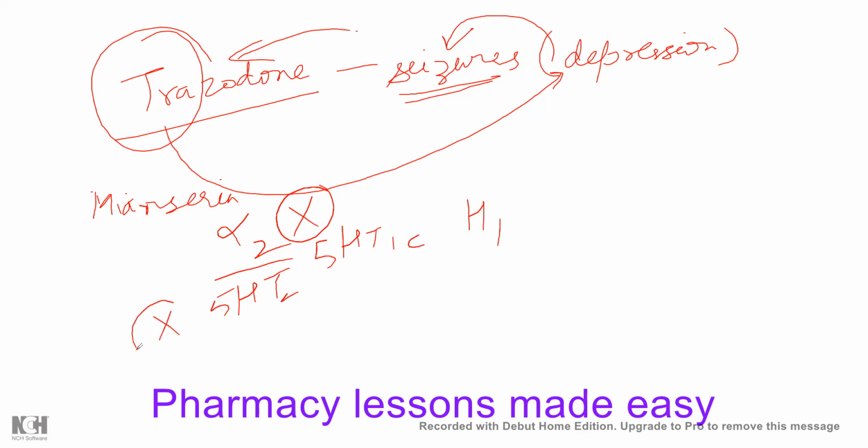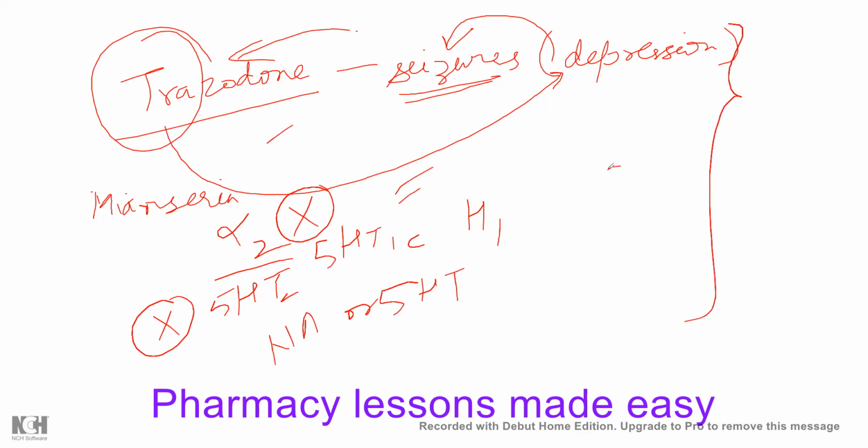Mianserin does not affect either noradrenaline or serotonin uptake. Related to both these drugs, trazodone as well as mianserin, previous questions have been asked in your GATE or GPAT exam. Okay, so that means it is important to discuss this.